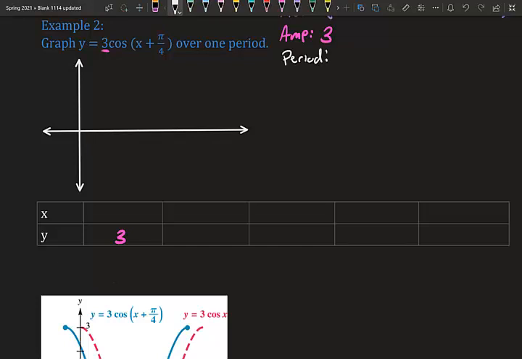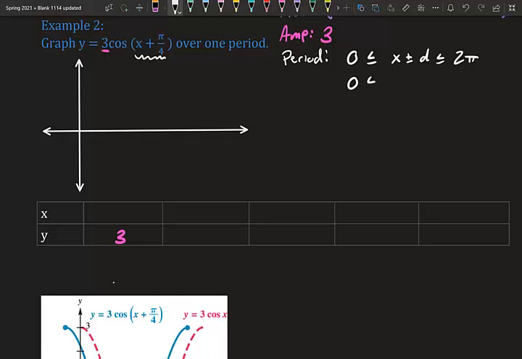Because we have something with the x plus or minus, we have to find our period using the formula 0 is less than or equal to x plus or minus d, and that's less than or equal to 2 pi, and d is always that number with x.